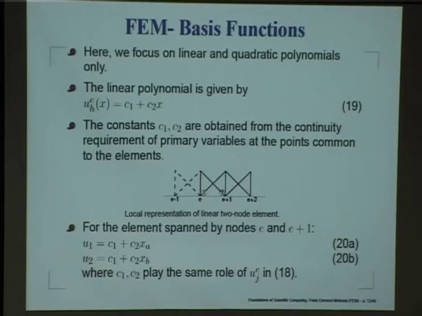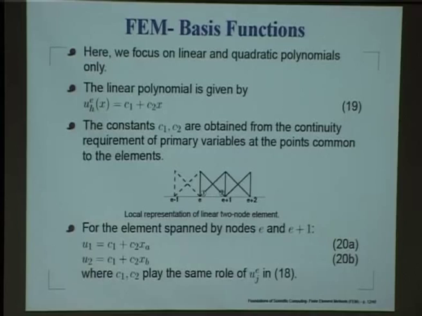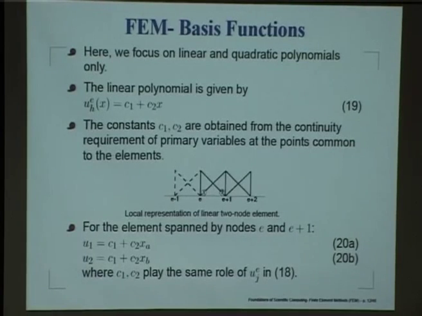So, the local representation of the solution is as given here. Let us say I identify the E element spanned by this point E and E plus 1. So, the left hand point let me call it as 1, the right hand side point let me call that 2. So, basically then what we are talking about, that we try to find this constant C1 and C2 by fixing those values at those points 1 and 2.